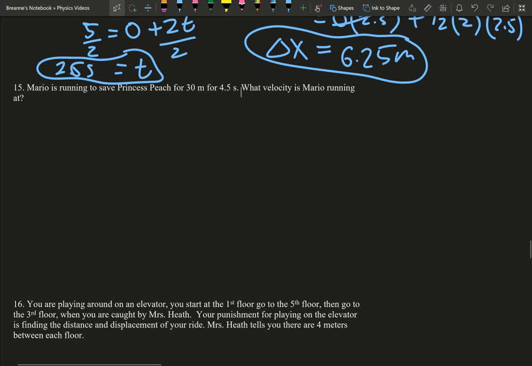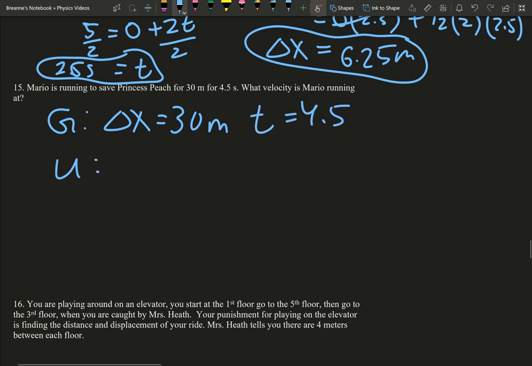So Mario is running to save Princess Peach from 30 meters for 4.5 seconds. What velocity is Mario running at? So again, if we're writing down our givens, it gives us distance, it gives us seconds.